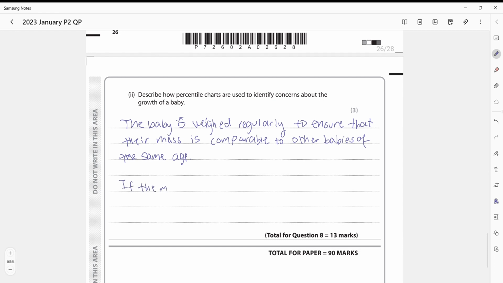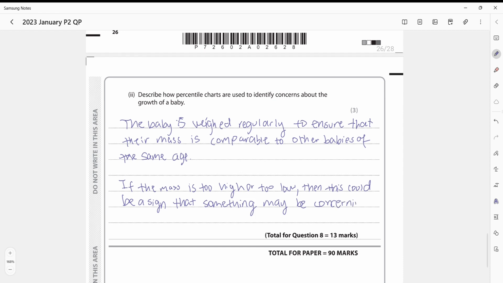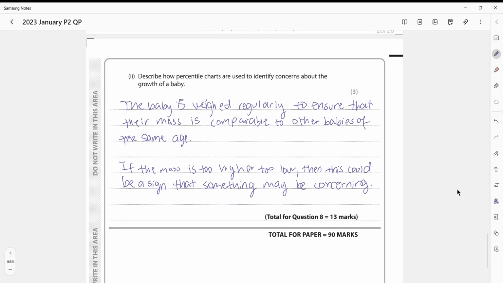If the mass is too high or too low, this could be a sign that something is concerning. All right. Okay, so that is paper 2 done.